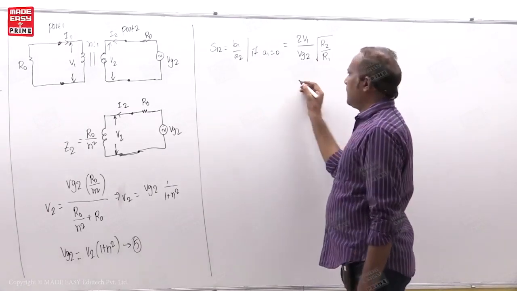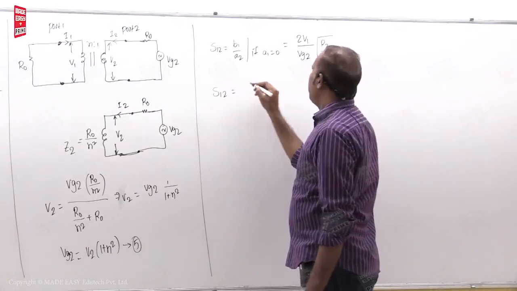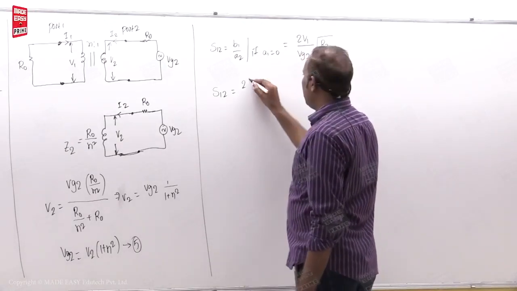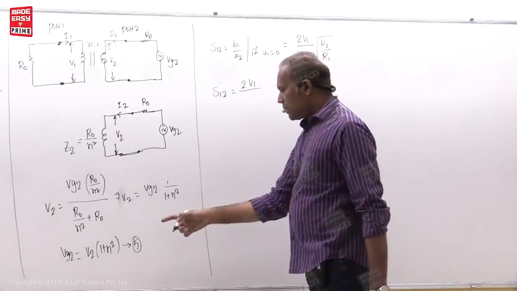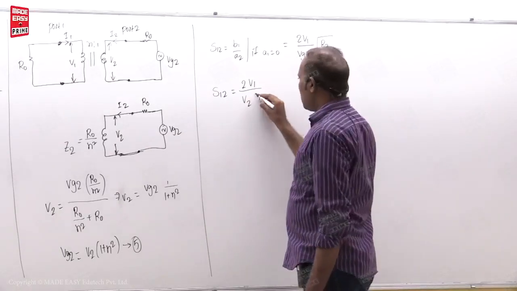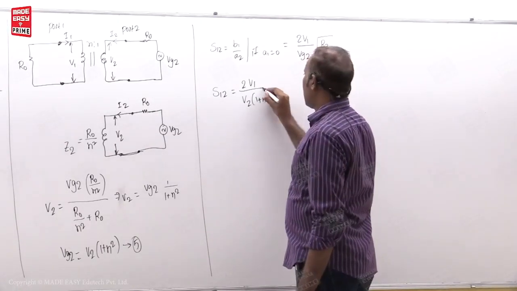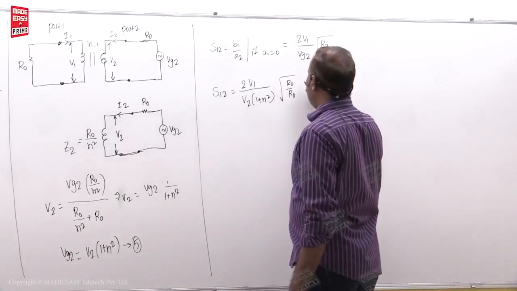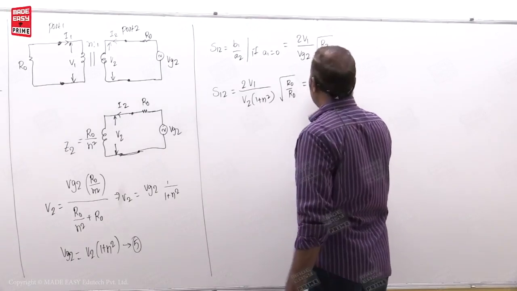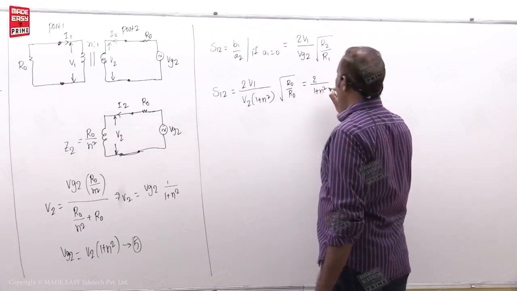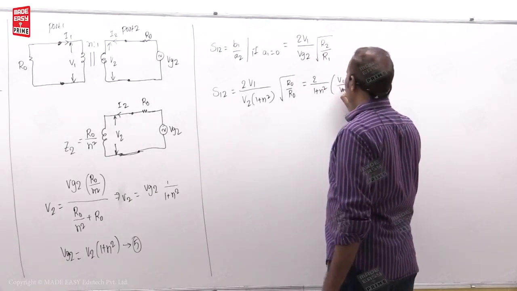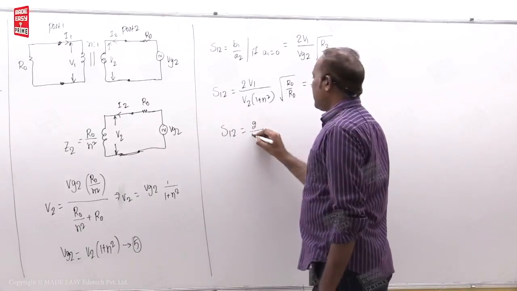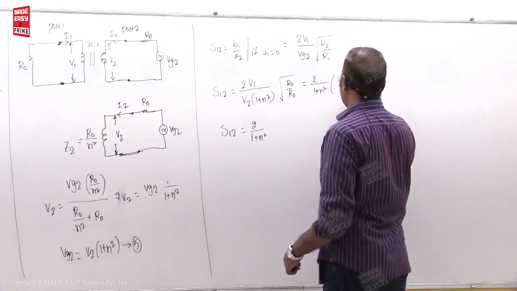If you substitute, 2 times V1, Vg2 is nothing but V2 into 1 plus n square, and root of R0 by R0, that is equal to 2 by 1 plus n square and V1 by V2. So S12 is equal to 2 by 1 plus n square.